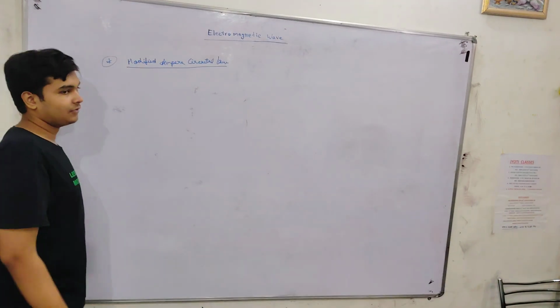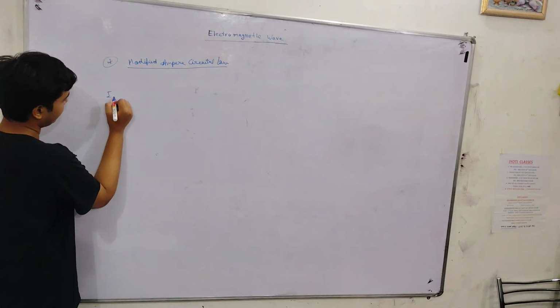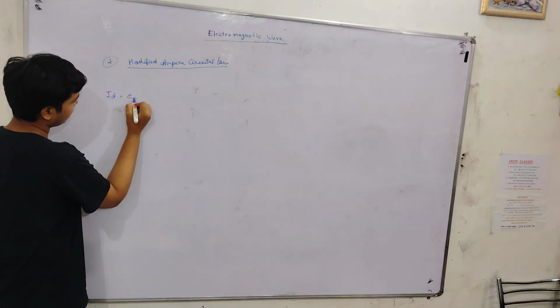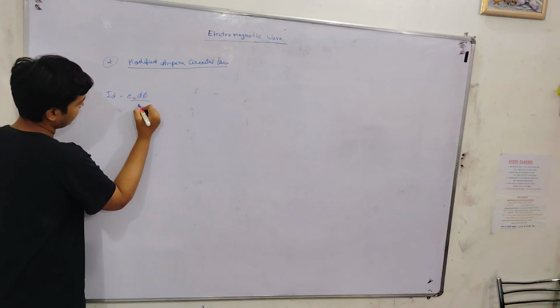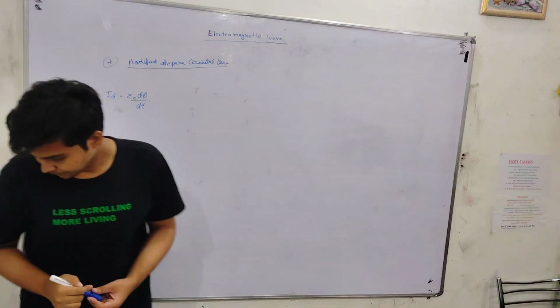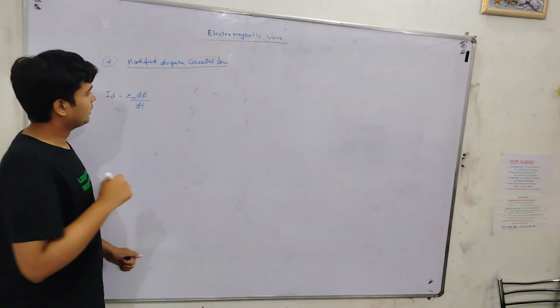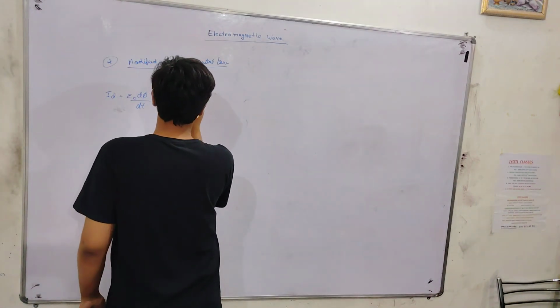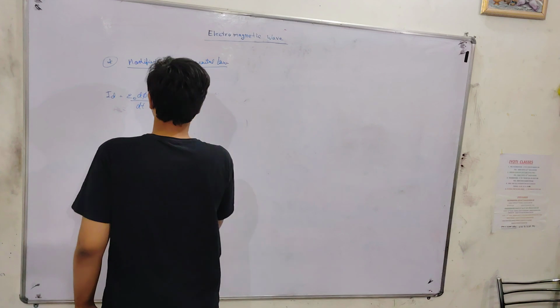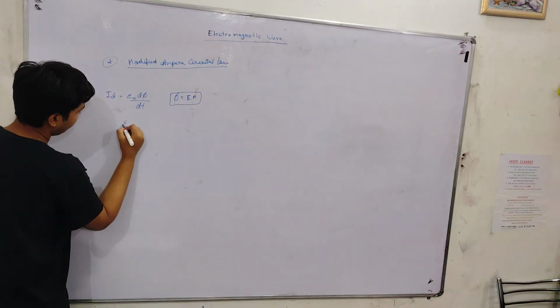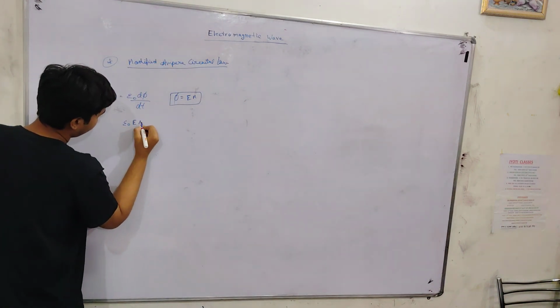We know the formula of displacement current, which we have studied just now: I_D = ε0 dΦ/dt. We can write Φ = EA, electric field and area, so I_D = ε0 d(EA)/dt.